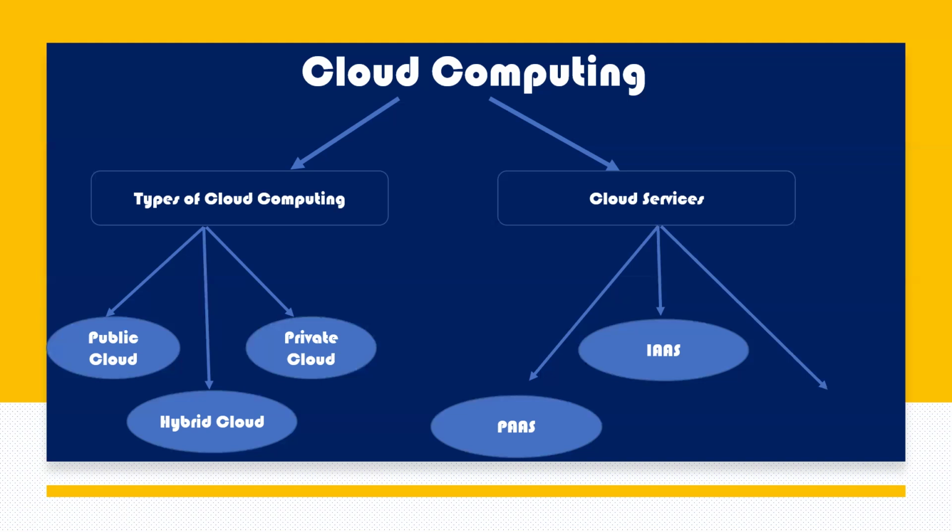The third one is software as a service. What is the meaning of software as a service? A cloud-based developed application will be there. You can purchase it and use it. You don't even need to do development. Already developed software is there, and you can start to use it.